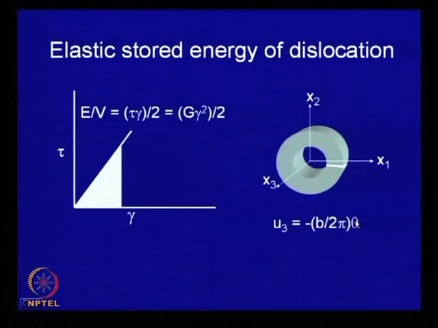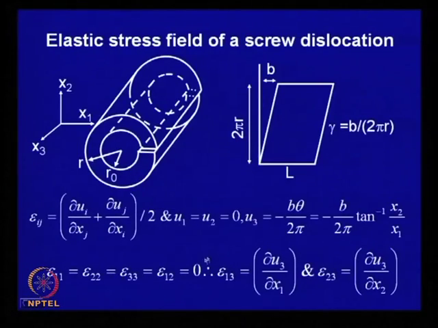There is no other displacement along the x 1 and x 2 axes, so u 1 and u 2 are 0, and u 3 equals b theta over twice pi. This theta you can also write in terms of Cartesian coordinates: tan inverse x 2 over x 1.